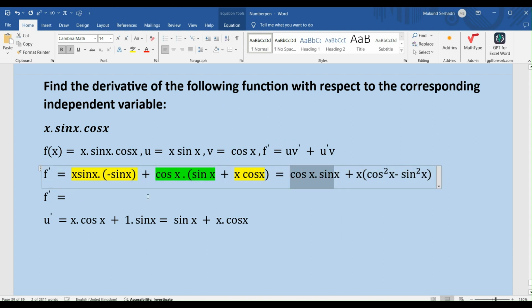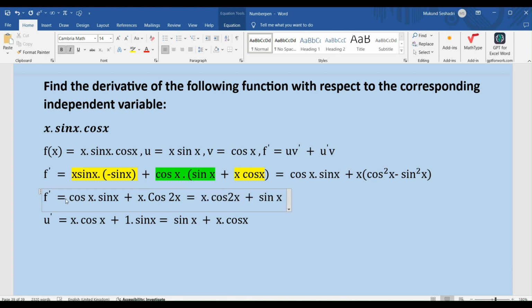Because if you're going to represent everything in the form of sine and cos, then it is a lot easier to simplify. And what is my cos square x minus sine square x? It is cos of 2x, right? So this is my final answer, x cos 2x plus sine x dot cos x, right? So that's the final answer.